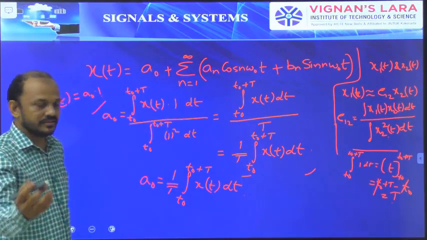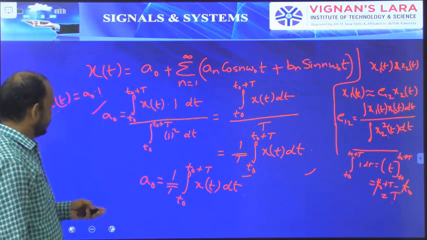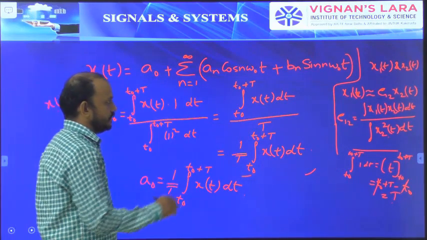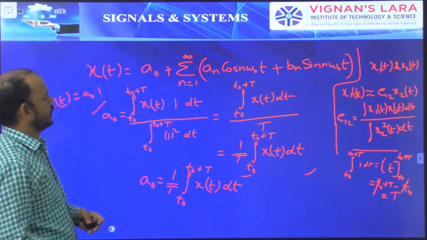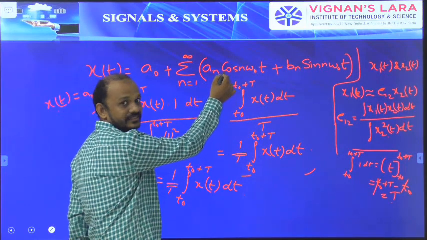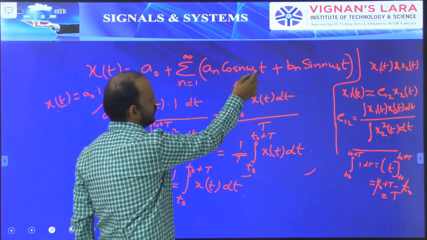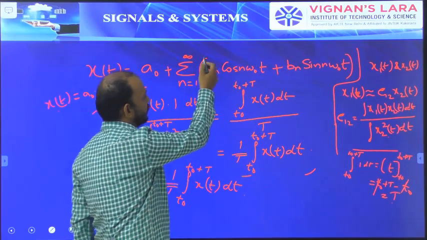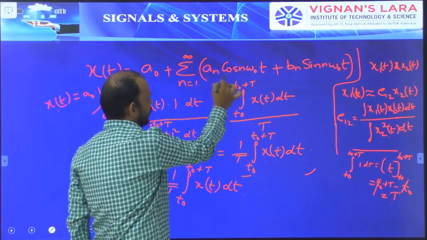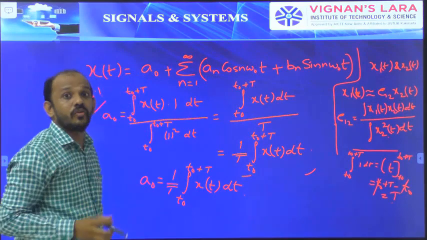Second, we have to go for the second one. See. So for the second one, what do I have to consider? I have to consider the second thing, that is summation n equal to 1 to infinity a n cos n omega naught t. Means here n value is from 1 to infinity. So leave this. So you have to consider a n cos n omega naught t.